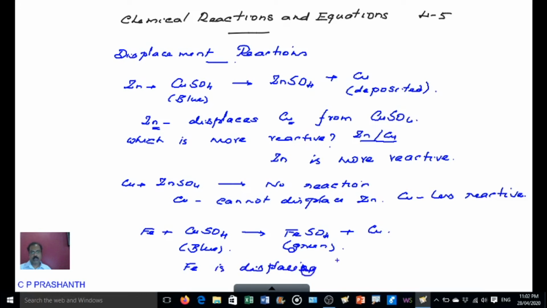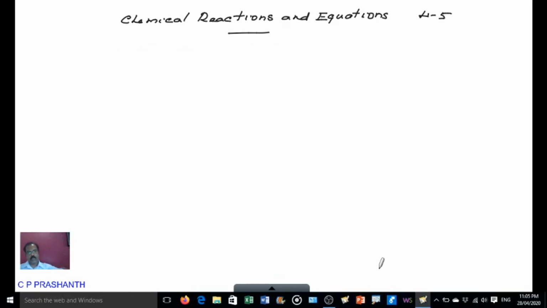So what is displacing what? Fe is displacing copper. So out of Fe and copper, which is more reactive? Obviously Fe is more reactive. That is why it is able to displace less reactive copper. So such reactions are called displacement reactions.